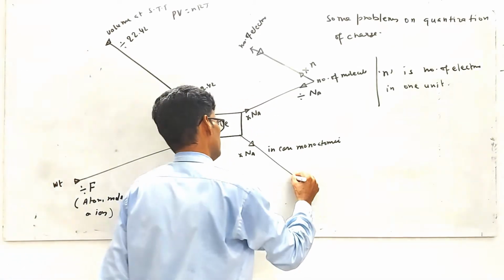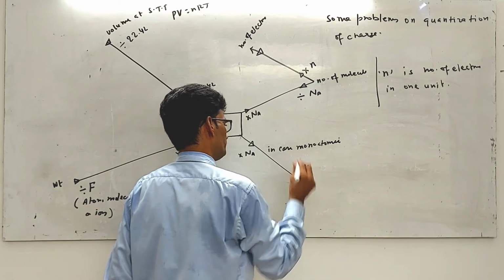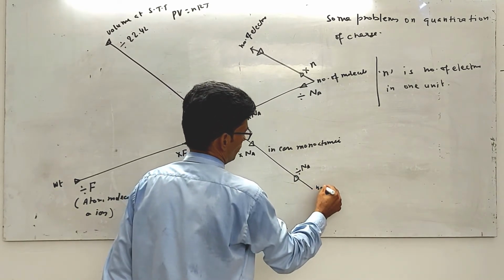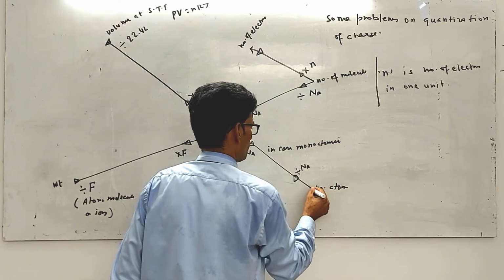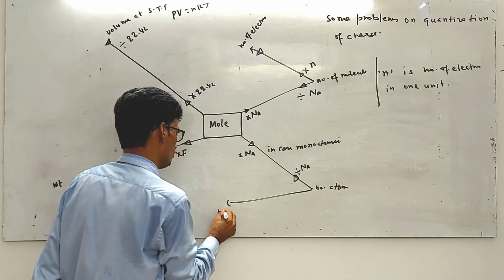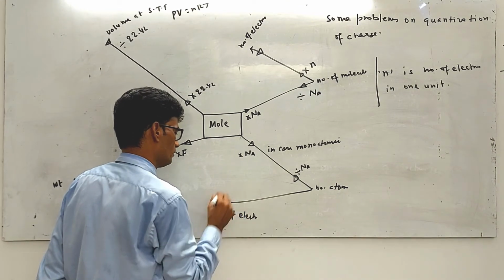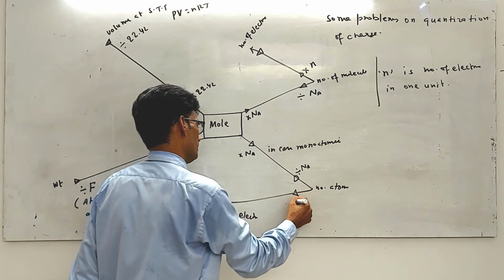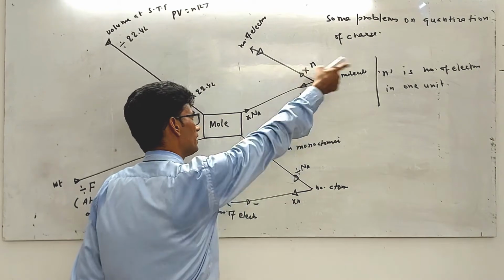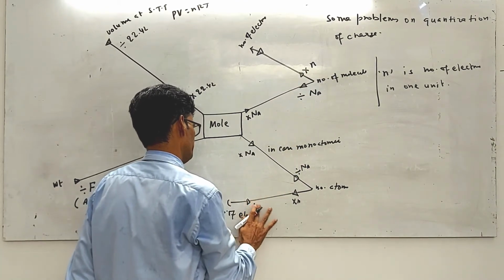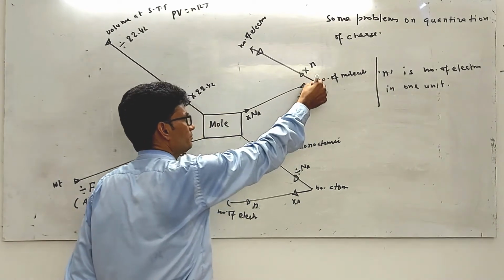So here, if we go like that, we divide it to get the number of atoms. After that, we may get the number of electrons, protons as well, by multiplying with the small n or dividing by the small n. Small n is the same.